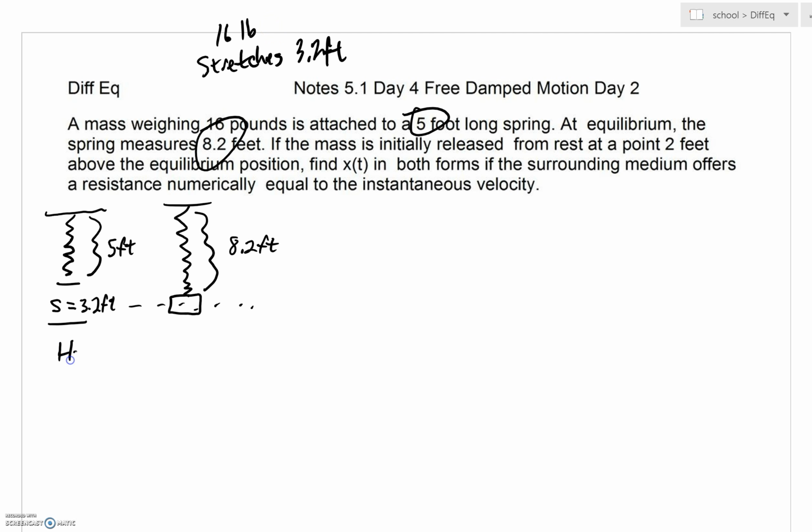Well, it should remind you of Hooke's law. So Hooke's law, we can say, the force, which is the weight right here, would be some constant multiplied by the distance. We've got our 16-pound force, and we're seeing that the spring is stretched 3.2 feet.